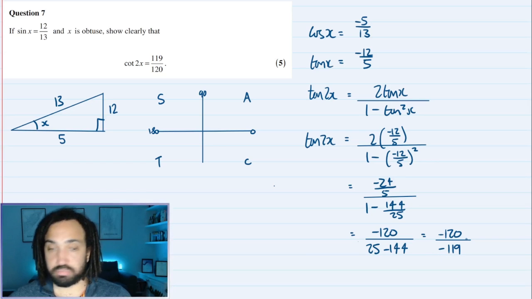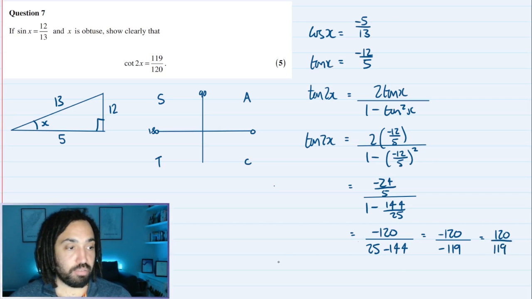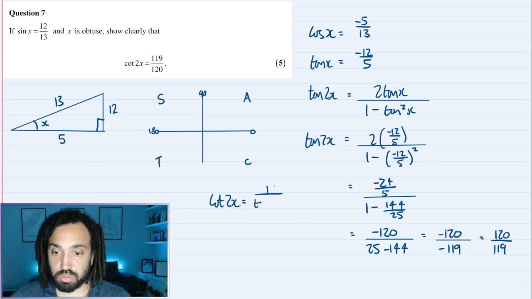Okay, so of course that's just equal to 120 over 119. So from there, because cot 2x is equal to the reciprocal of tan 2x, that means that cot 2x is equal to 119 over 120.